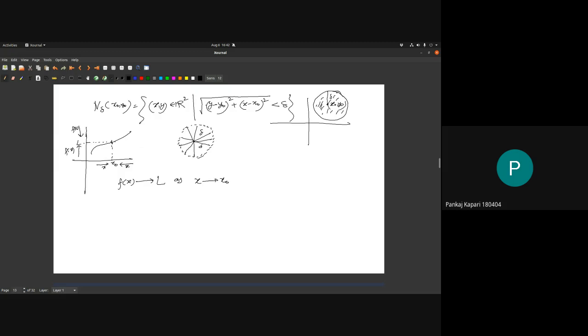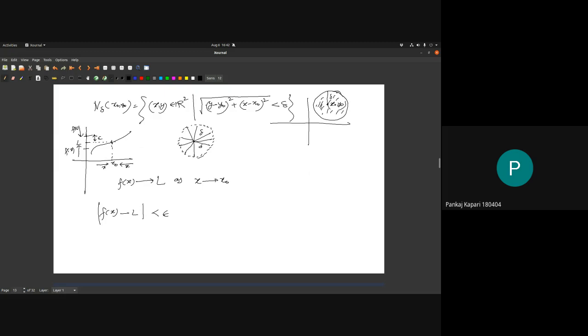Okay, that means we are saying that however small an interval we take. So this is our epsilon interval. So right, we are saying that the distance between f(x) and L is less than epsilon, right? So just take some epsilon interval.